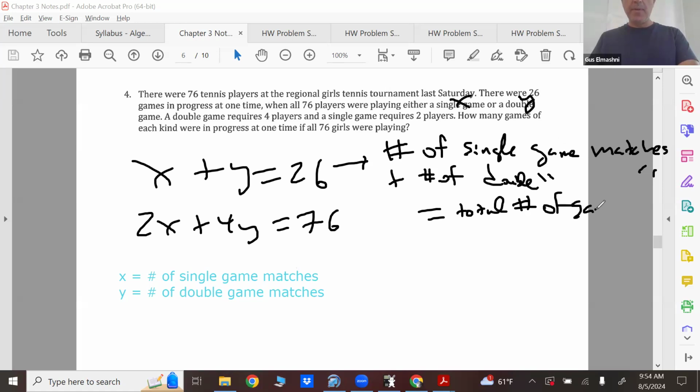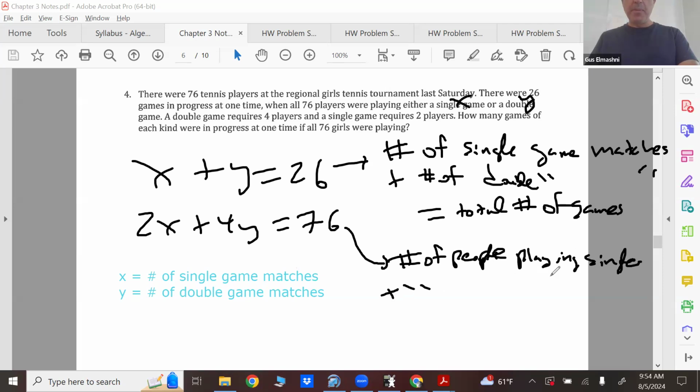So you just do a model and you get the answer, right? Or here, the number of people playing singles plus number of people playing doubles equals the total number of people, right? That's not so bad. Boom, done. You're good.